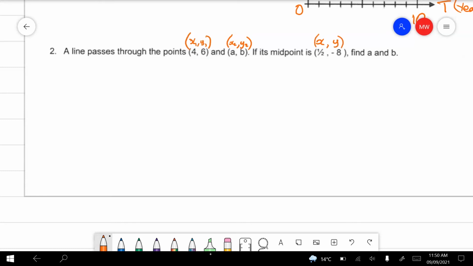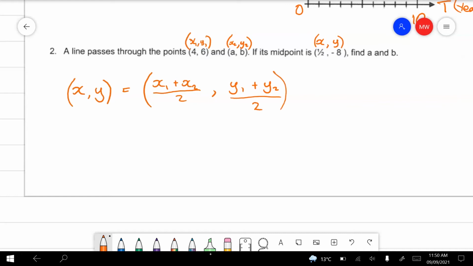Now my midpoint formula is that x, y will be x1 plus x2 divided by 2, so the average of those, and y1 plus y2 and the average of those. So I'll sub in what I've got. I've got an answer of a half and minus 8.